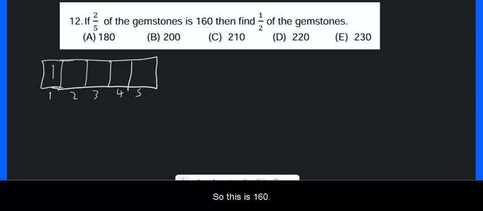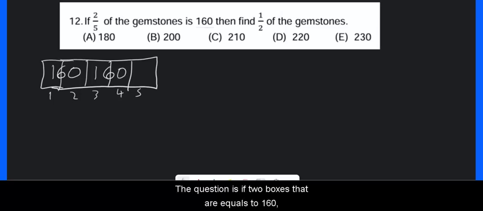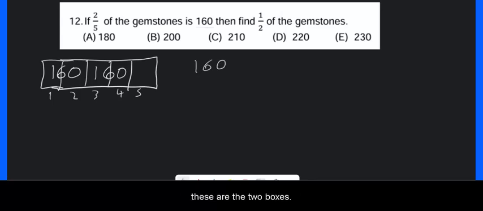So this is 160, and then another 2 boxes equal to 160. We know that is given information. The question is, if 2 boxes are equal to 160, these are the 2 boxes. Okay, here. Now, what about 1 box?